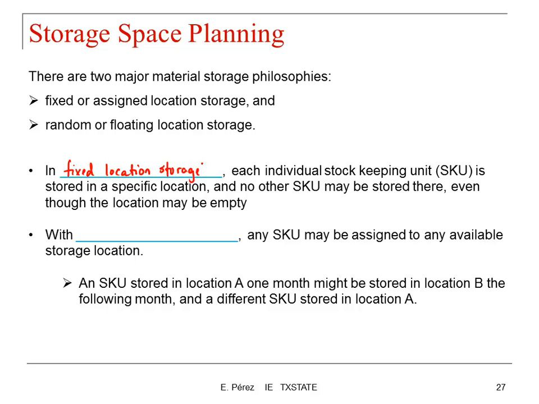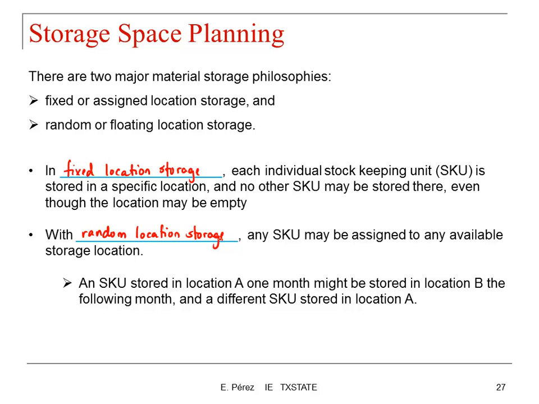With random location storage, any SKU may be assigned to any available storage location. So if you have a space available and you have some items coming in, you can assign those to that empty space.